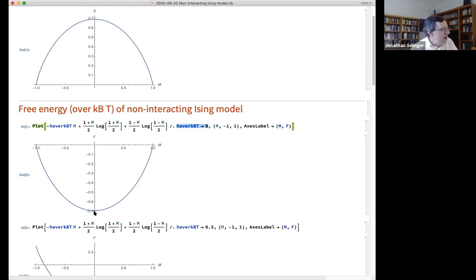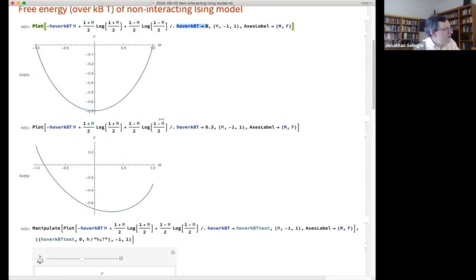And so what I argued in general in the last class is that the system tends to go to the state with the lowest free energy. So if there's no magnetic field, the system tends to go to m equals 0. But what if there's a magnetic field? Here I put in a magnetic field divided by kT of 0.3.